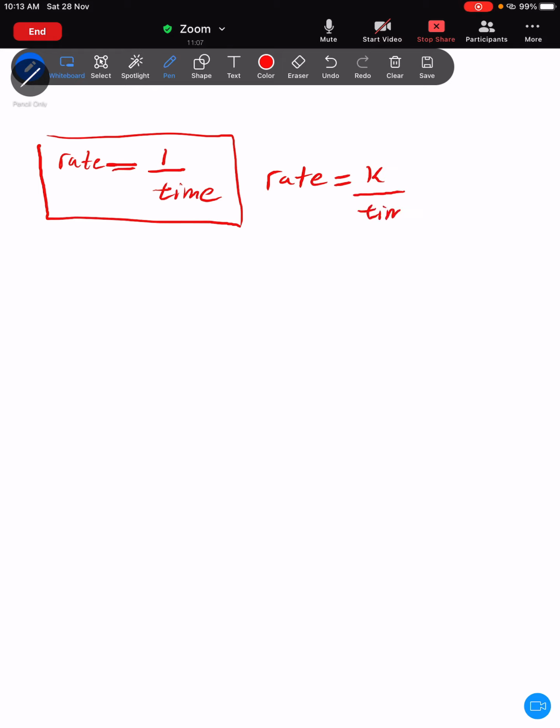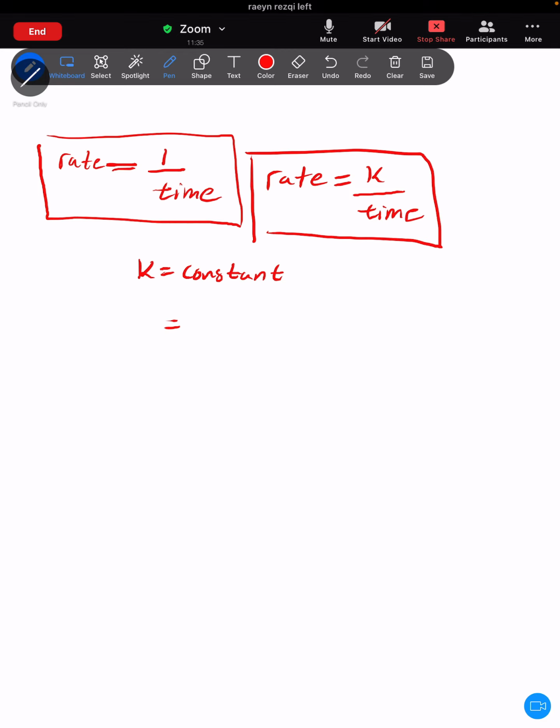How to measure the rate? Tell me, there are several ways to measure the rate. Very good, very good. The first one, the easiest one, is by measuring the volume.